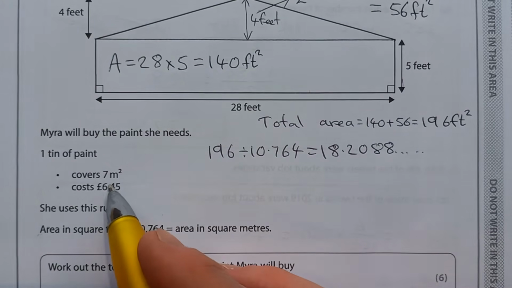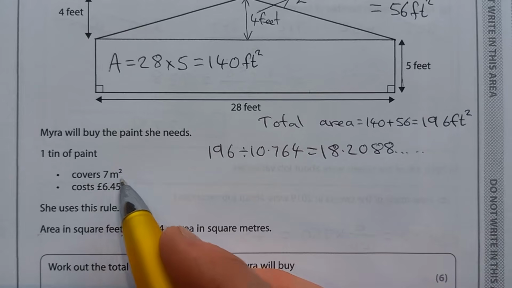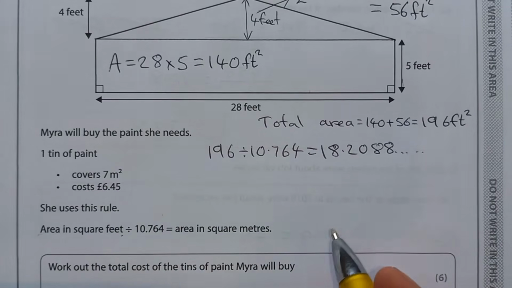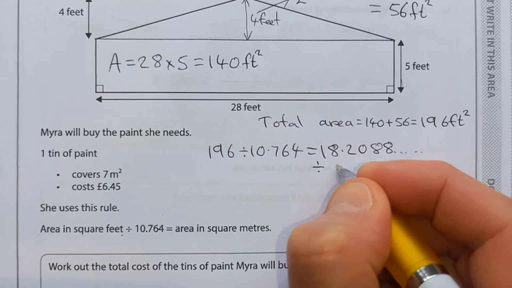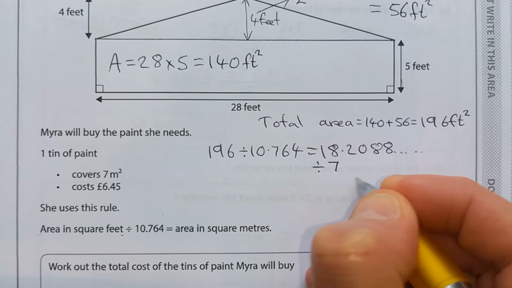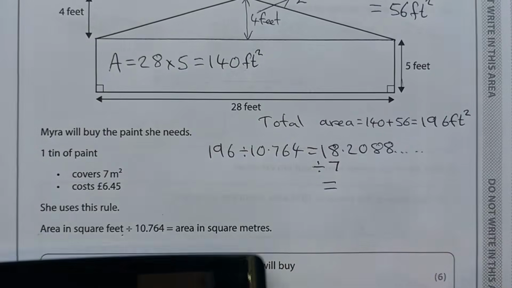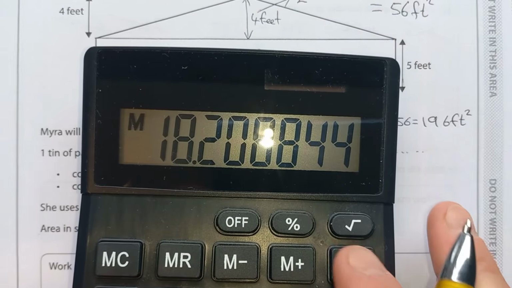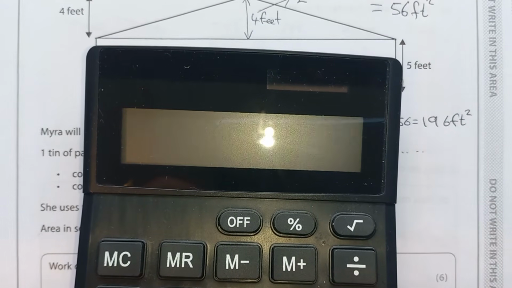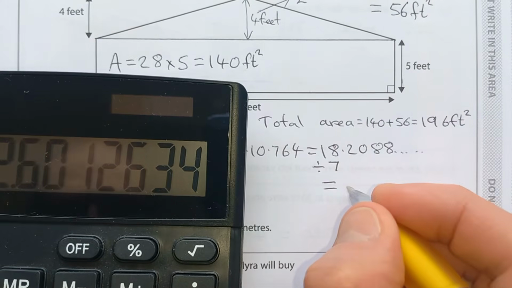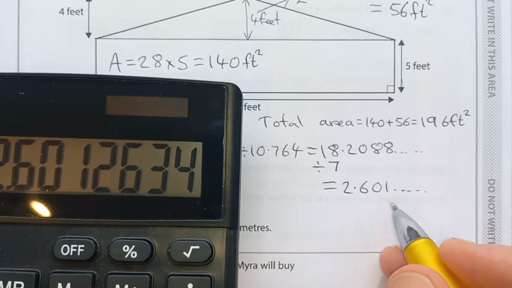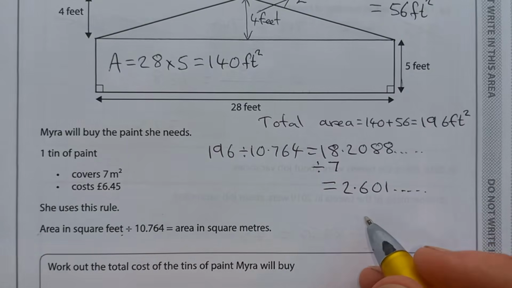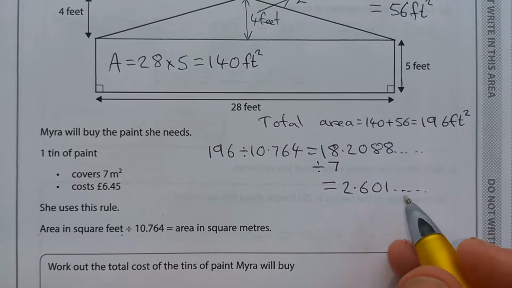Now, if 1 tin of paint covers 7 meters squared, well, we want to know how many 7s go into this. So we want 18.2 and so on divided by 7. So let's say we can just keep everything in the calculator, divide it by 7, and we get 2.601 and so on. Okay, that's how many tins of paint we need, 2.601.